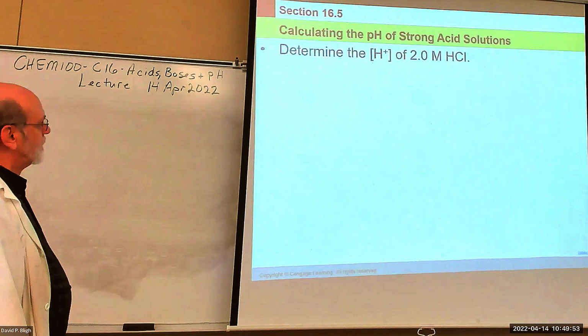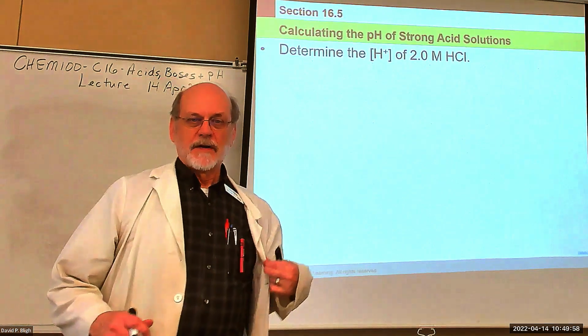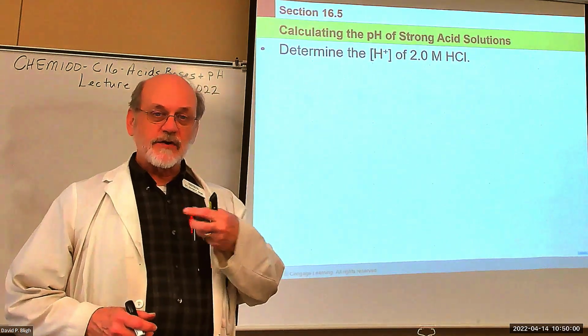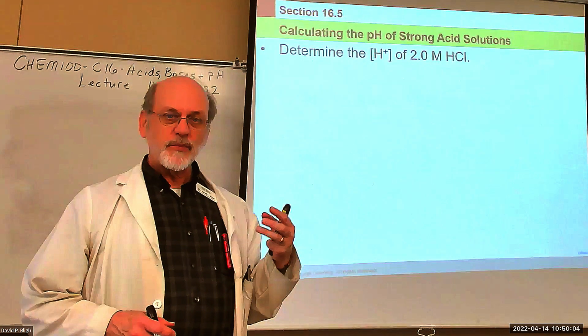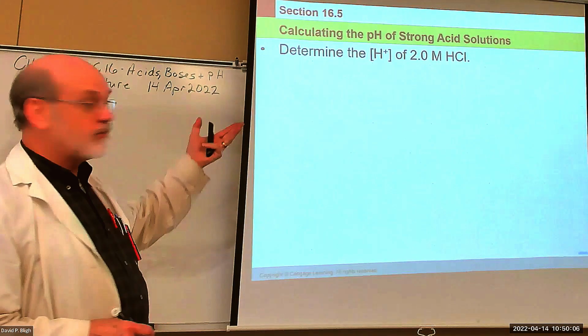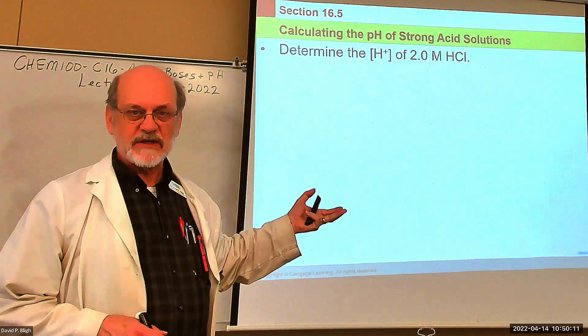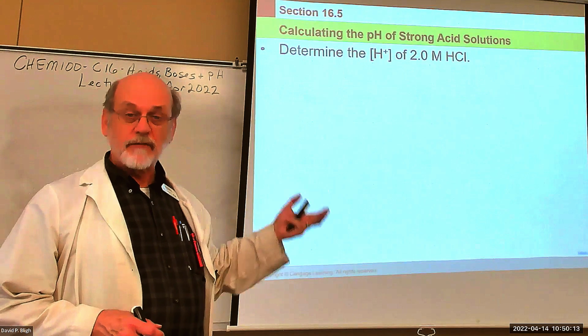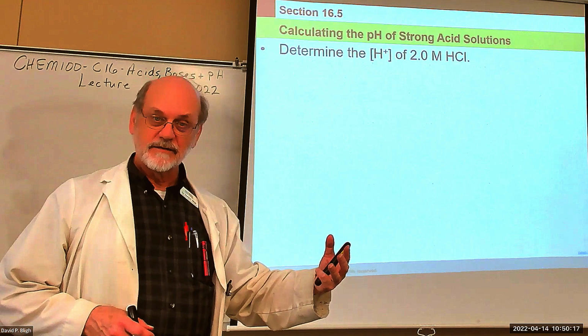Okay. How do we calculate the pH of a strong acid solution? Remember, strong acids completely dissociate. So if you put 2 molar hydrochloric acid in solution, what's the hydrogen ion concentration going to be? Well, for every 1 HCl, you get 1 hydrogen ion.